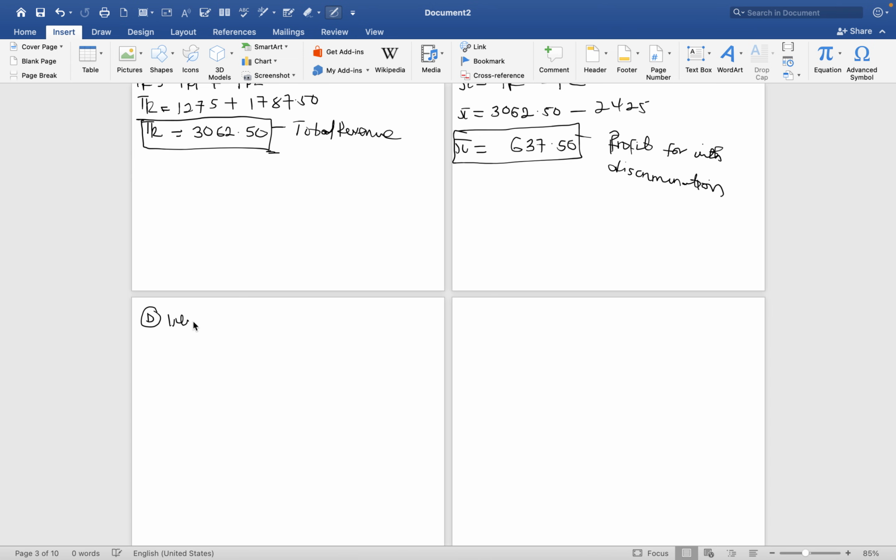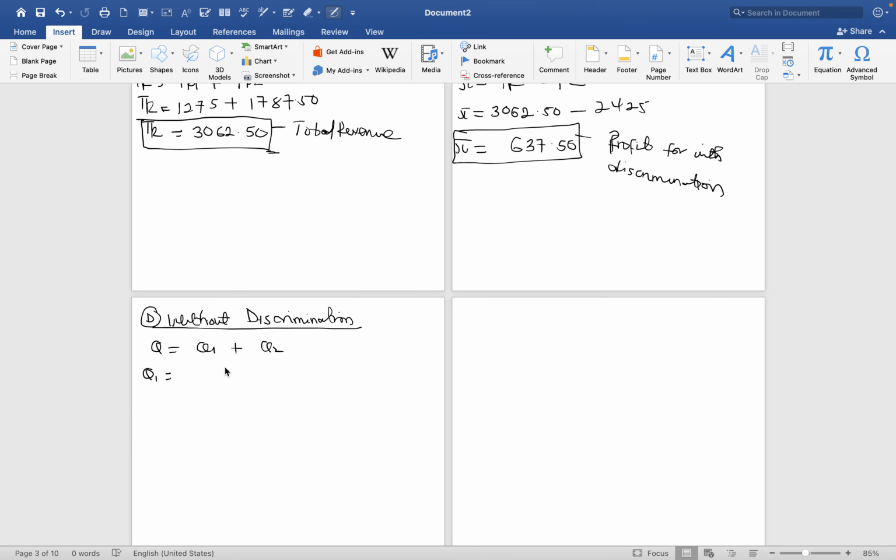So this is without discrimination. Now, remember that in the question it stated that Q should be equal to Q1 plus Q2. Let's check what the functions were.